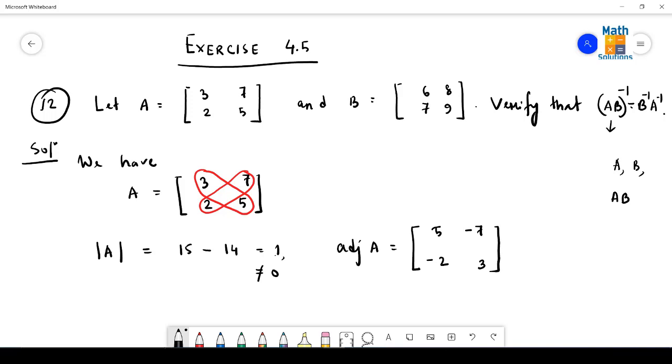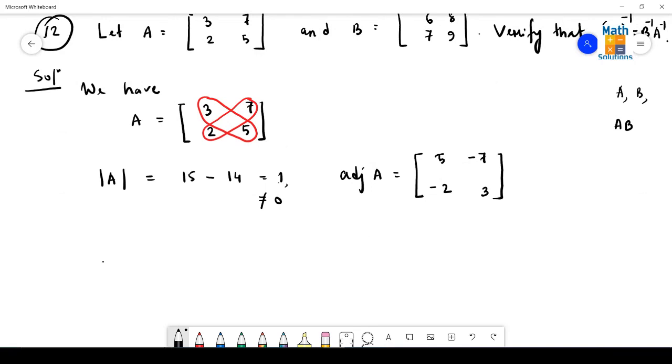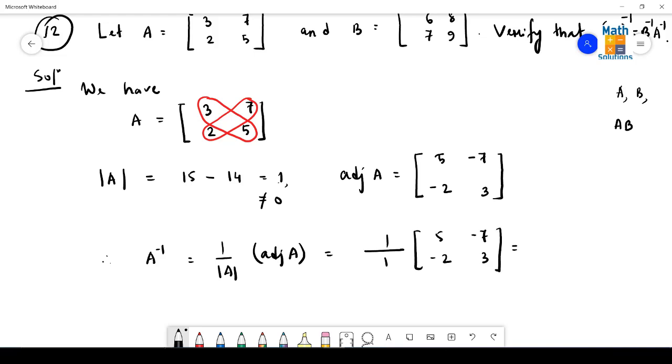This gives us the adjoint of A. Therefore A inverse is equal to 1 by determinant of A into adjoint of A, that is 1 by 1 into 5, minus 7, minus 2, 3, and our answer is this matrix, 5, minus 7, minus 2, 3. So here is A inverse.